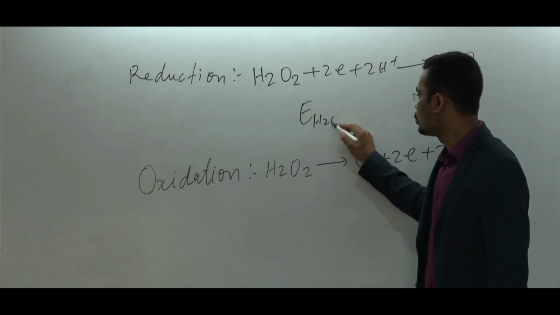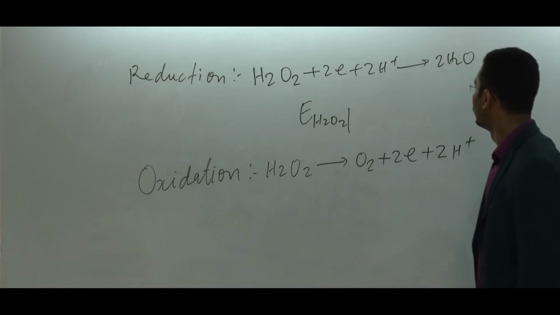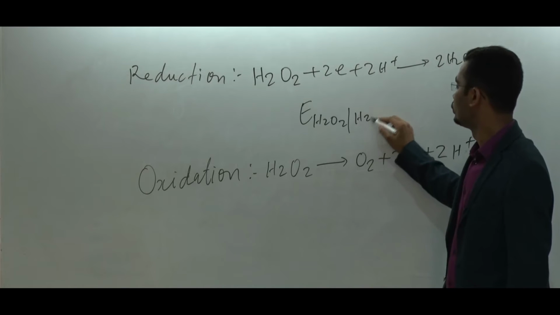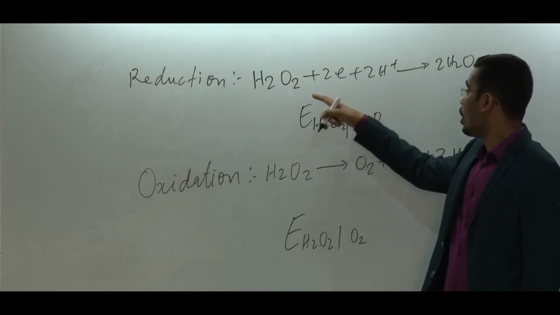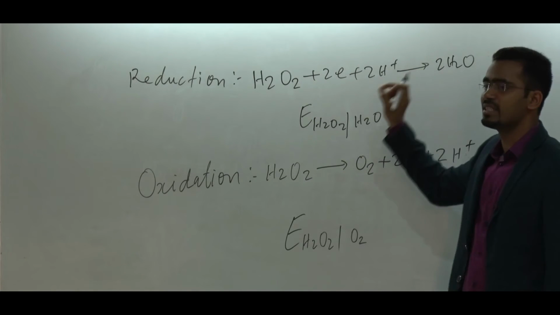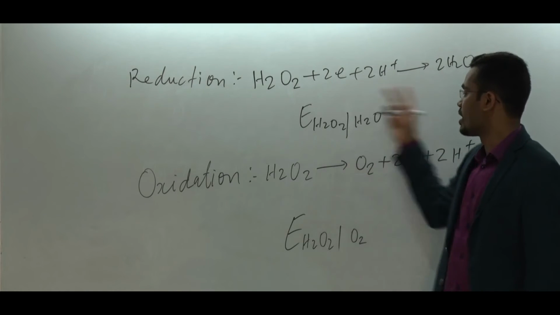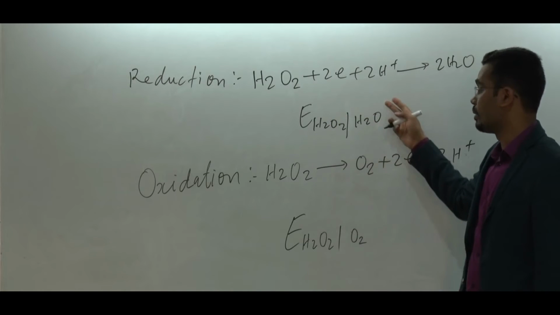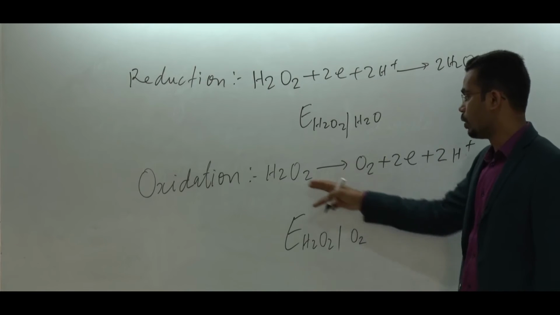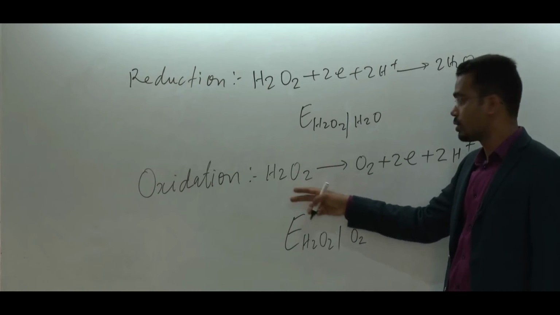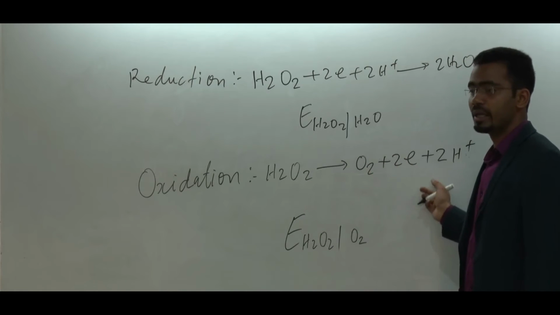E of H2O2 and H2O. So H2O2 is undergoing the reduction process. Therefore you only mention the substances whose oxidation number changes, that is H2O2 having -1 and water having -2. No need to write the H+ here. And here also H2O2 is going to oxidize, therefore you write only H2O2 and oxygen, no need to write H+.